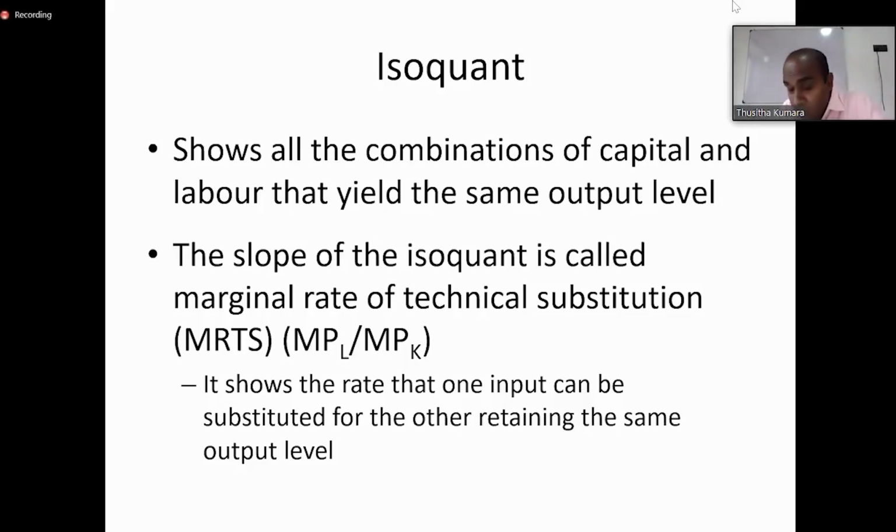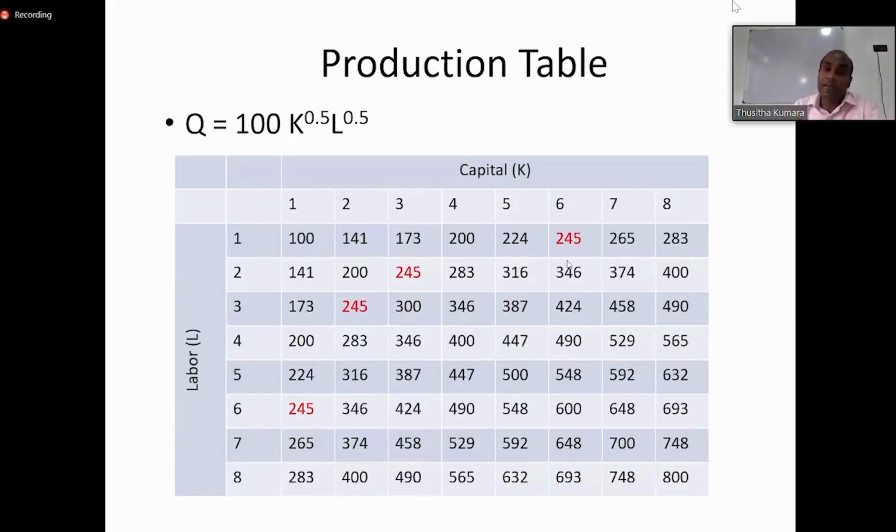the isoquant curve. If you remember this table, we used it in the very beginning of this discussion about production. I highlighted 245, 245, 245, 245. There we discussed substitutability. We can substitute something for something else, which can be seen at all these places.